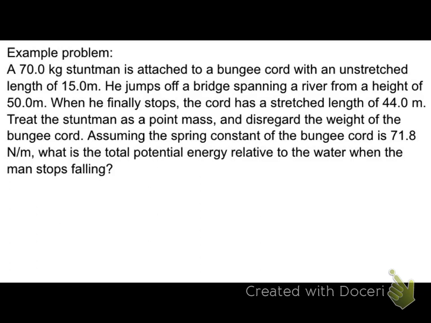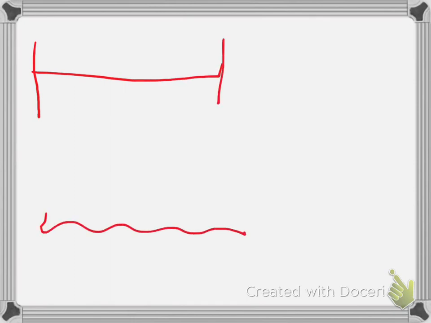So let's draw a picture. Pictures are great. I'm going to grab a new white background and draw our lovely picture. We've got our suspension bridge. I'm just making this up. I don't know what kind of bridge it would be. There's water underneath, and the very dumb man jumped off.